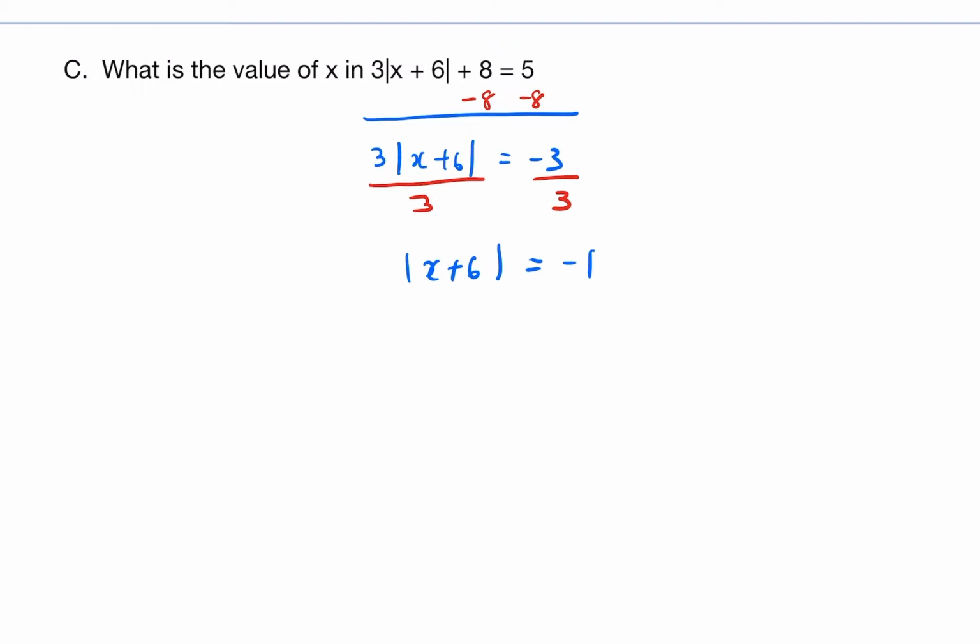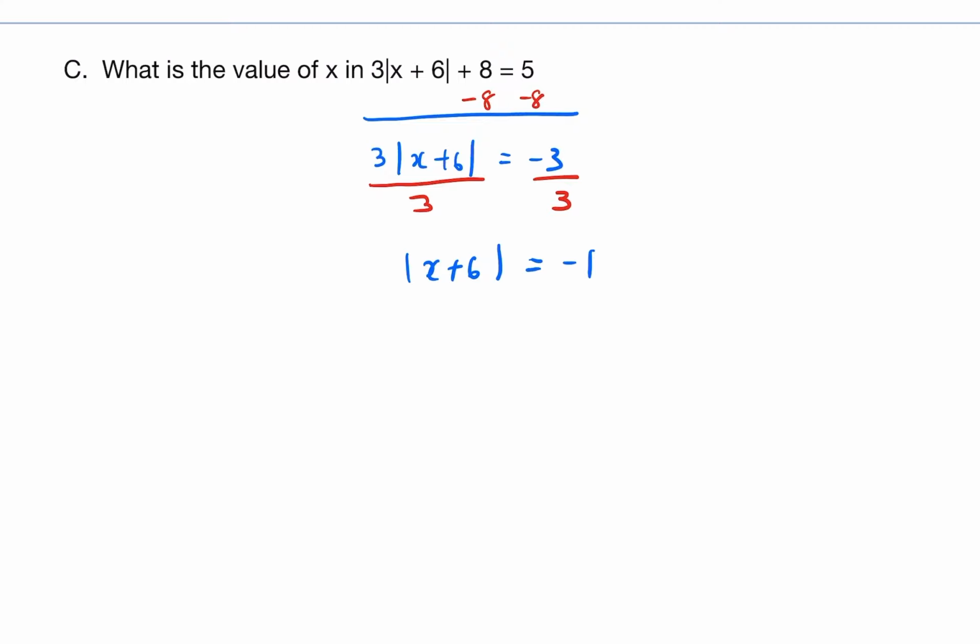I explained earlier, before we started the examples, that when we have this absolute value sign, this tells us that whatever we solve inside the absolute value sign, the result is going to be positive. That is the nature of this absolute value sign. So no matter what you do in here, the net result should be positive.